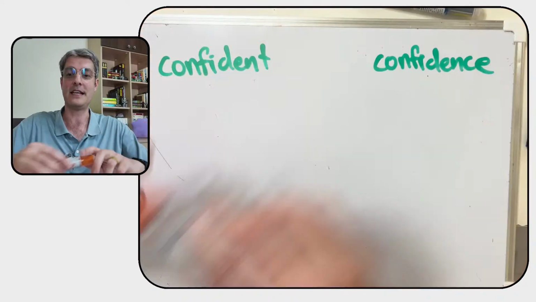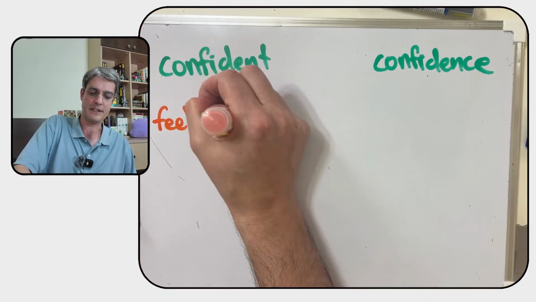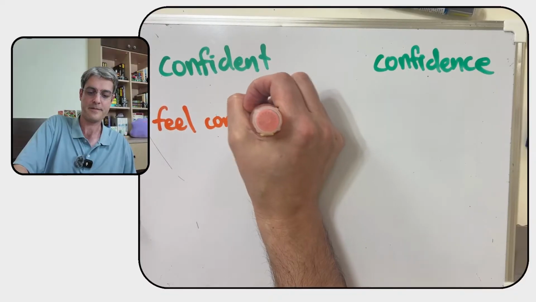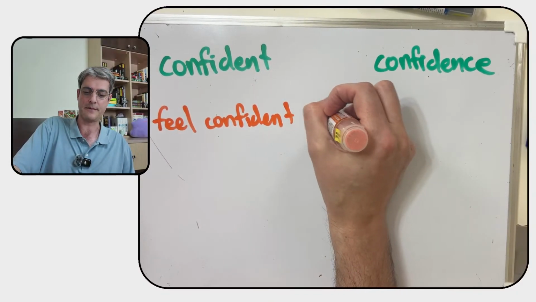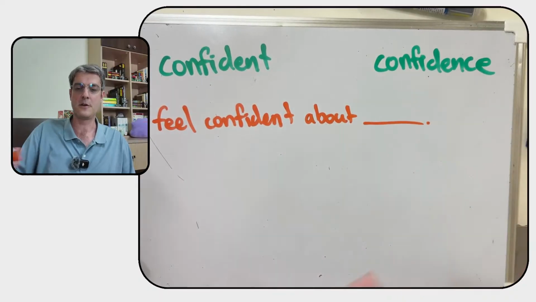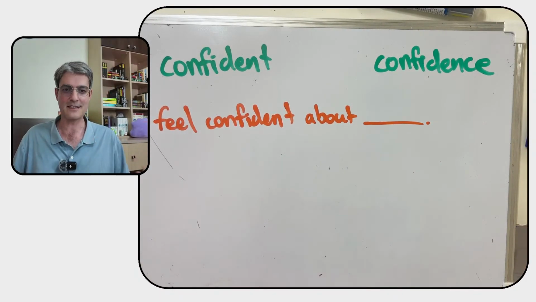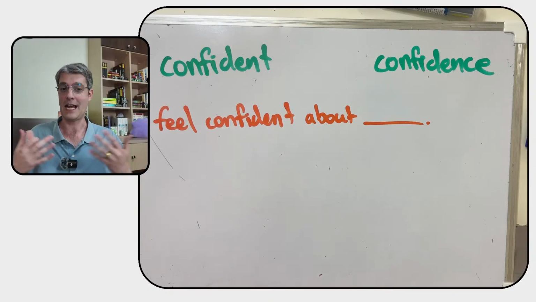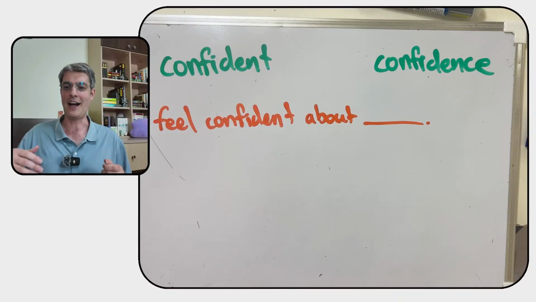So I could say that I feel confident. And we can also feel confident about something. So I might say I'm feeling confident about tomorrow's test. It means I think that I have studied enough for it and that I will get a good grade. I feel confident about it.